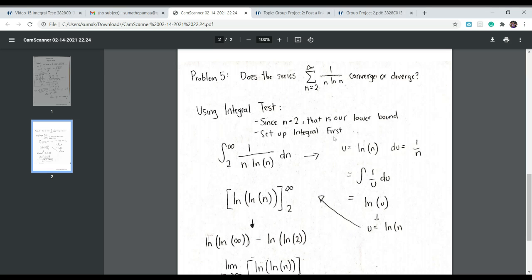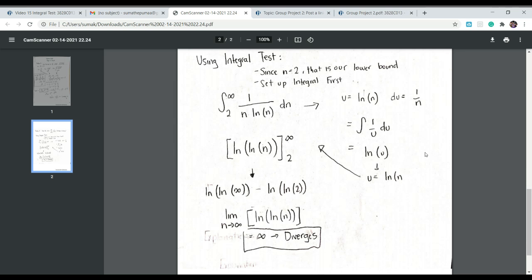I wanted to use substitution, so I have u equals the natural log of n, and du equals 1 over n, which is the derivative of this. I took that, and we have the integral of 1 over u du, which is just the natural log of u, and we said u was the natural log of n.